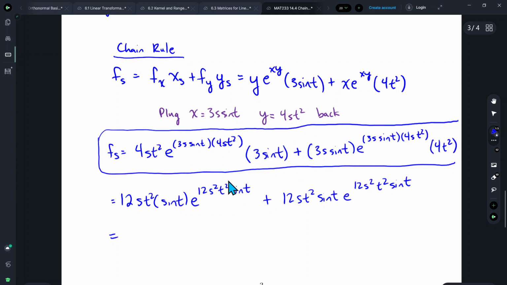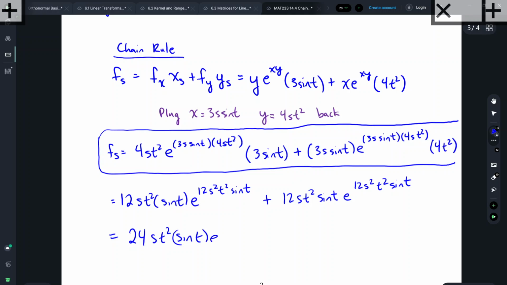Okay, so we get that, and then if you compare these two terms, they're actually exactly the same, right? So 12 st squared sine t, and the exponential is also the same, so they're like terms, so I can just combine the two. So you get 24 st squared times sine t times exponential 12 s squared t squared sine t.